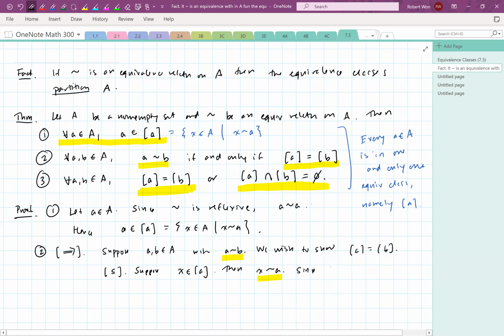So since this is transitive, this will imply that X is equivalent to B. Hence, X is in the equivalence class of B. Right, and then to show the reverse inclusion, just do the same thing, but reverse the roles of A and B.